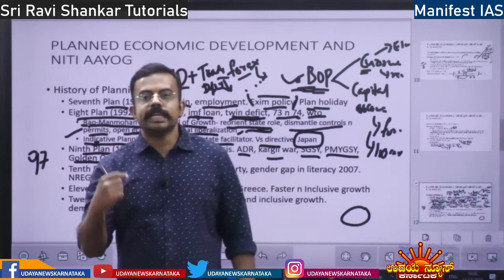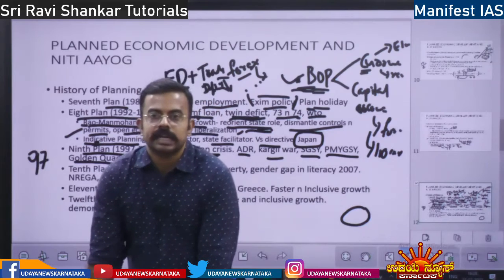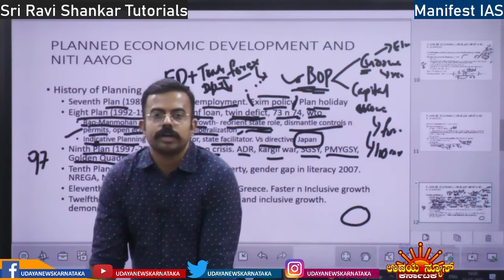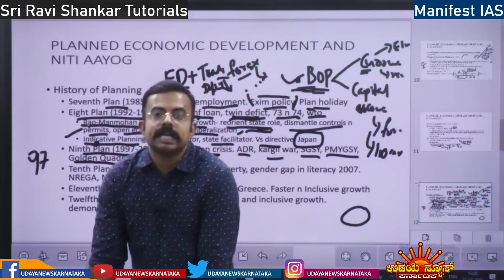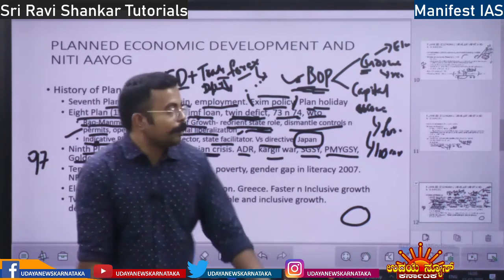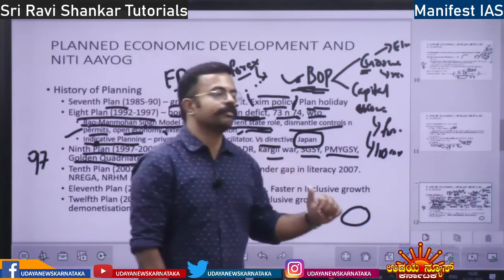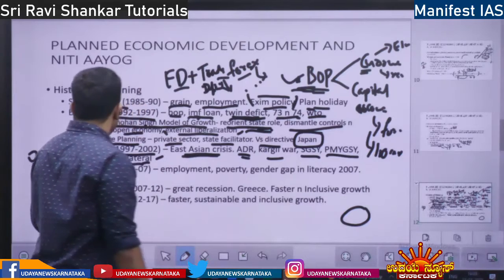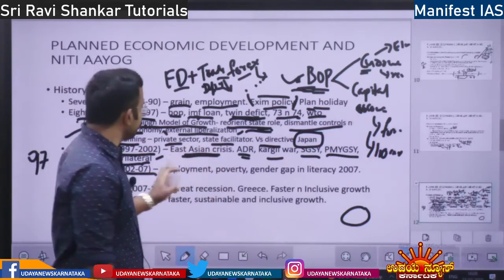For example, our Reliance gets listed on NASDAQ, a foreign stock exchange. There, foreigners can buy Indian company shares, right? These are called American Depository Receipts. I am going to discuss it in future classes on the stock exchange.